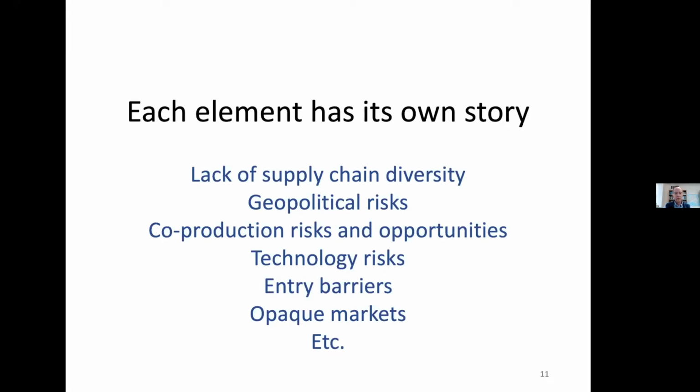In other cases, we're talking about co-production risks, the idea that an element like tellurium is produced as a really minor byproduct from a waste product in the electrolytic refining of copper, and therefore, to some degree, copper market conditions drive the availability of tellurium in addition to market conditions for tellurium.